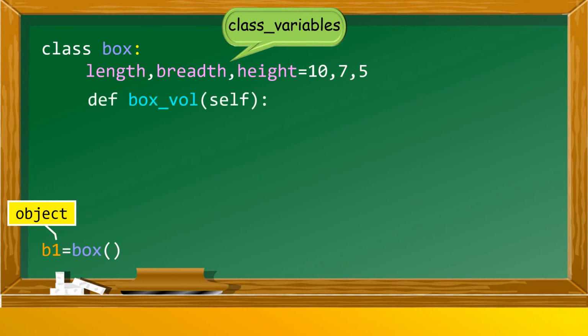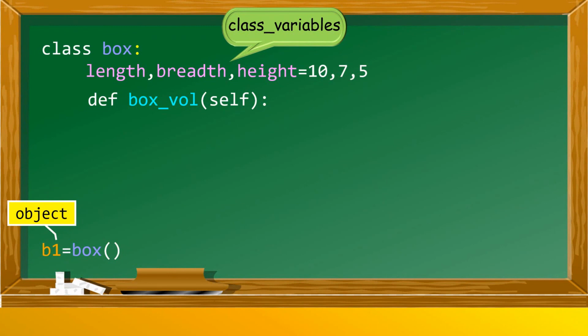Def box underscore vol self colon. How to define a function has already been taught to you in chapter 7. So here the keyword def is to be used to define a function, followed by the function name, which is box underscore vol.